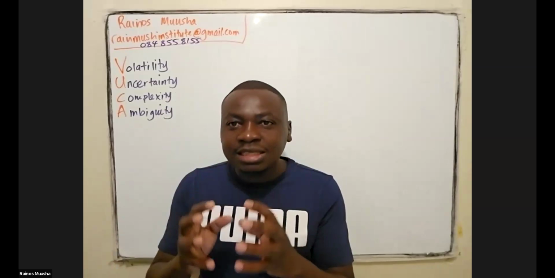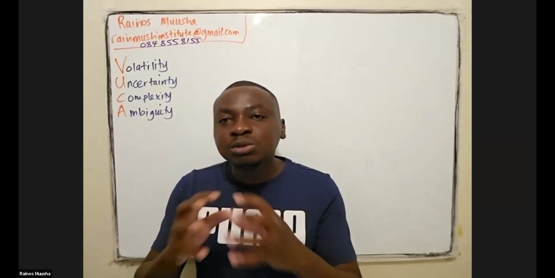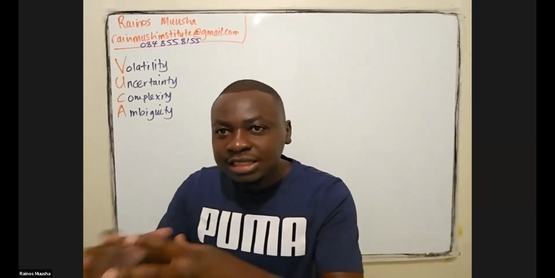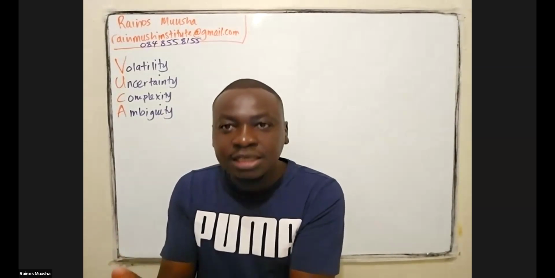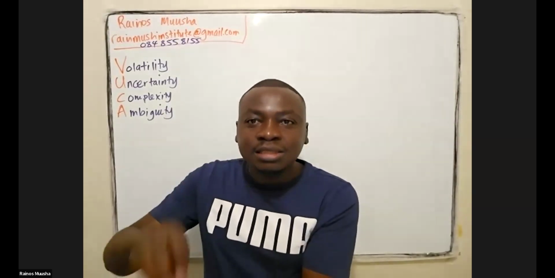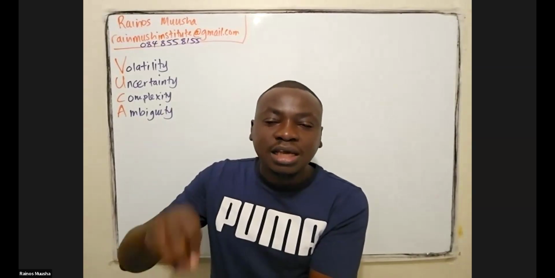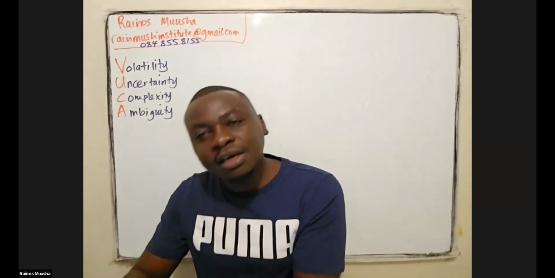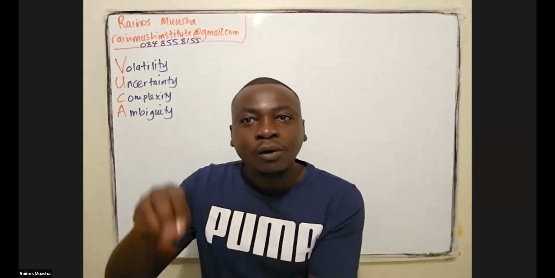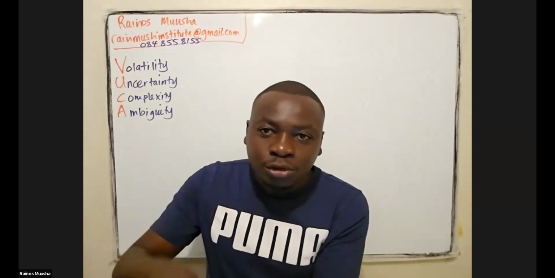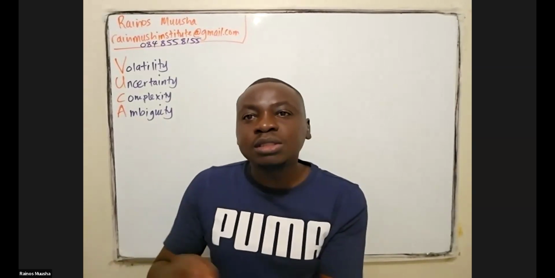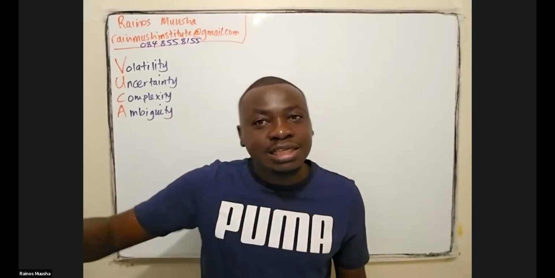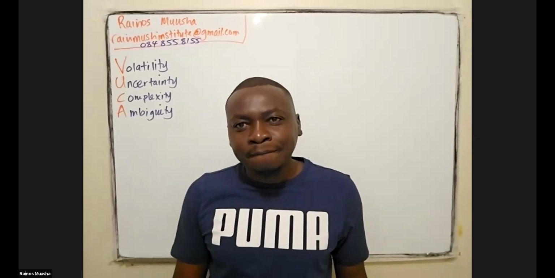The lecturer wants you to be able to distinguish them, so from a particular situation that they discuss, the idea is to describe whether it is volatile, or has uncertainties, complexities, or ambiguity. So from a situation that is given, you need to identify what it pertains to. Are you with me?